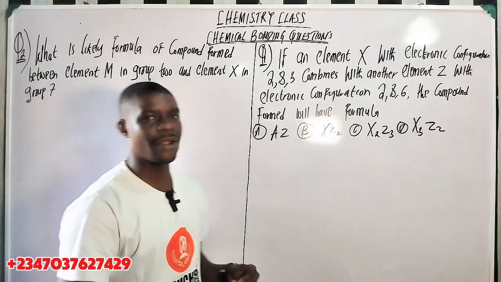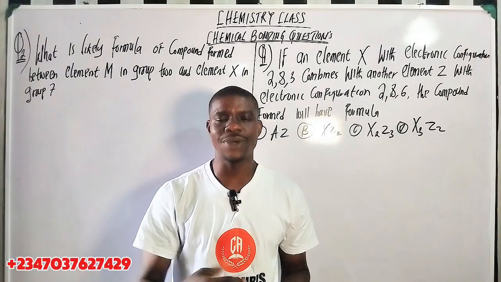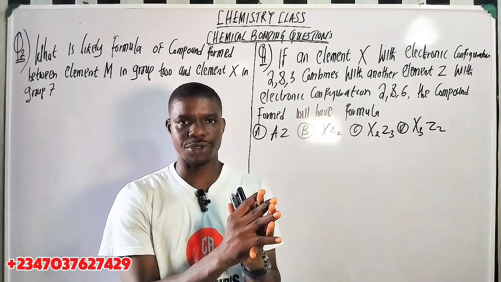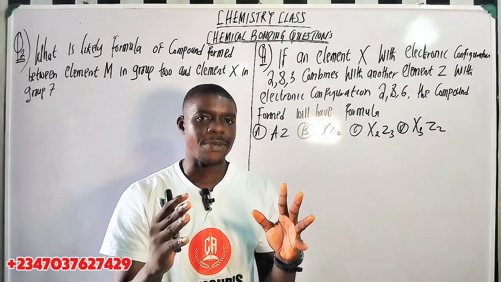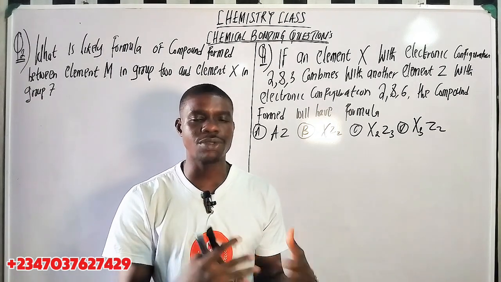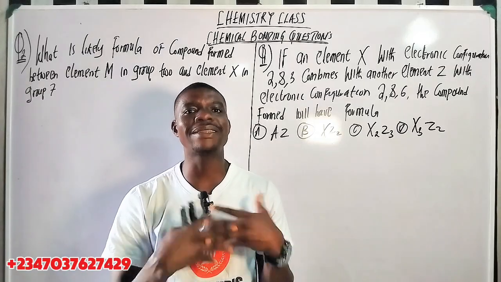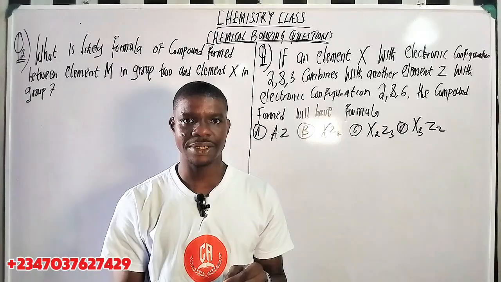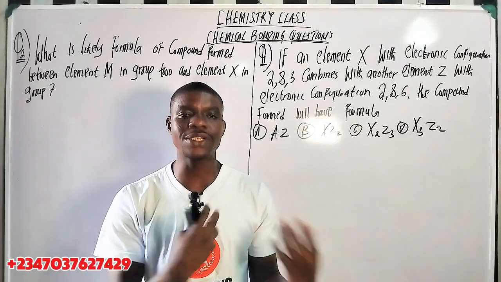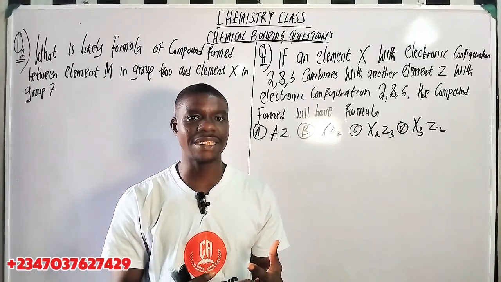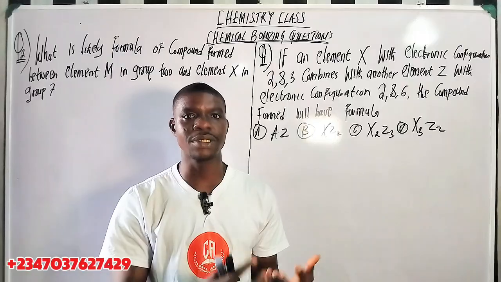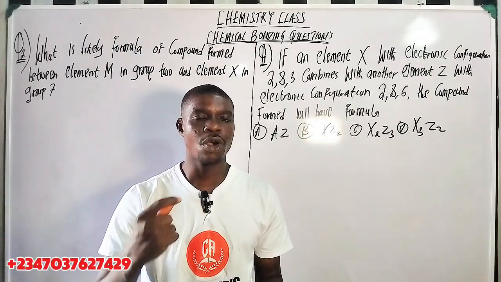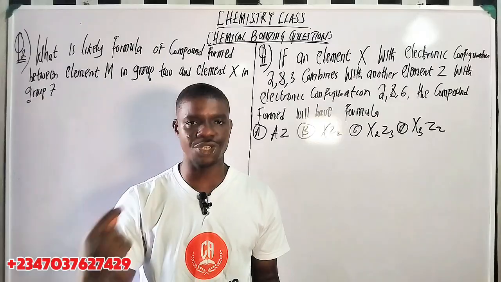So the first thing to do here: why do elements or atoms form bonds? Elements or atoms form bonds because they want to attain a stable configuration, which is called the octet rule. Now, what is the octet rule? The octet rule states that elements or atoms gain or lose electrons in order to attain the octet in the outermost shell.